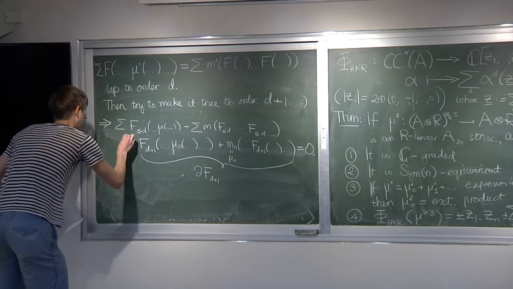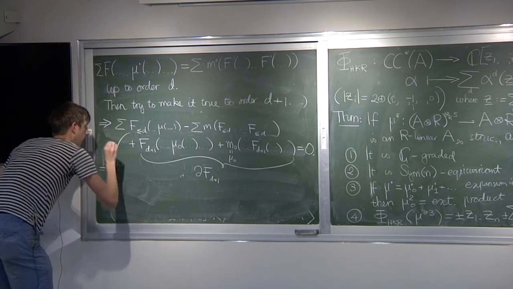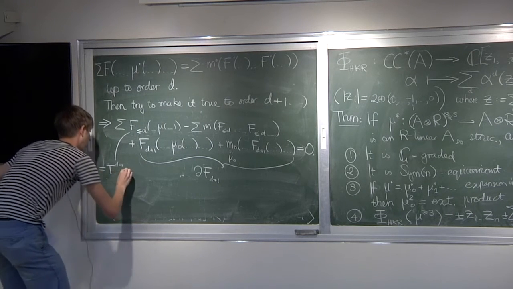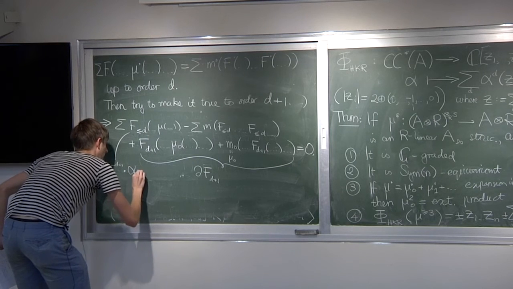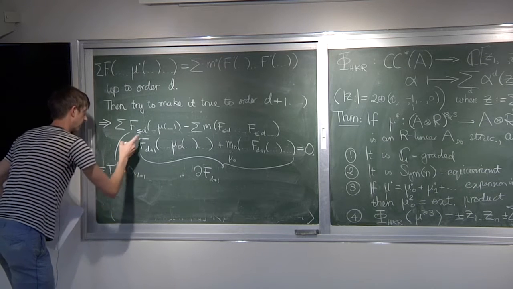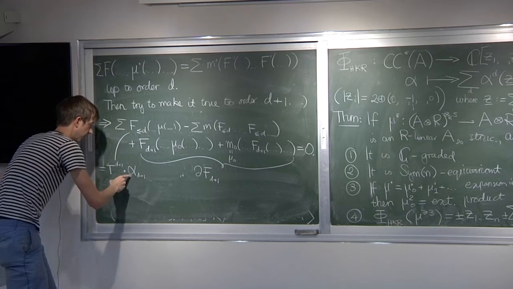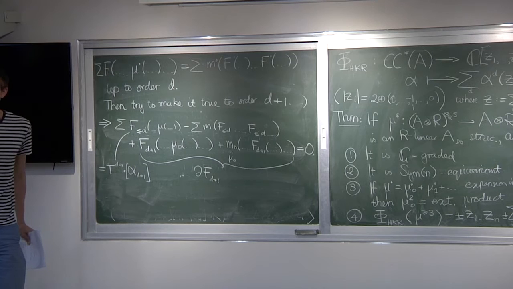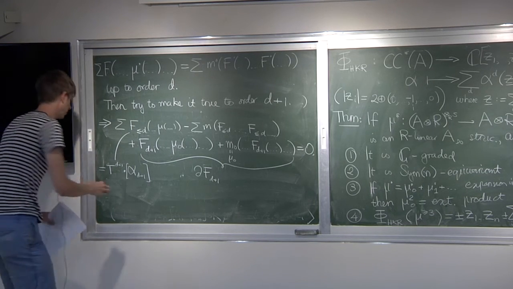Instead, this is going to be t to the d plus 1 times some class which is closed in Hochschild cohomology but not exact.